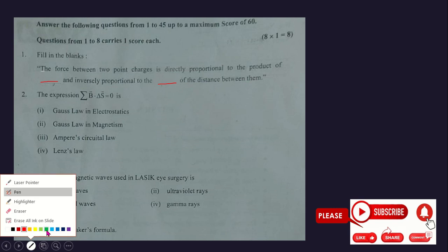So we know point charges ne apply ചെയ്യാൻ പറ്റുന്നത് nothing but Coulomb's law ആണെന്ന് നമുക്കത് വ്യക്തമാണ്. So for Coulomb's law, you know that F is proportional to the product of the charges and inversely proportional to the square of the separation between them.